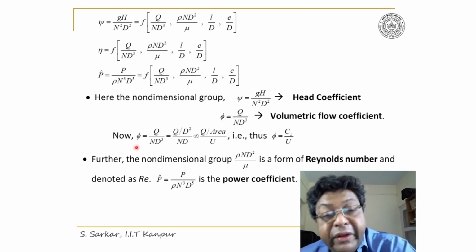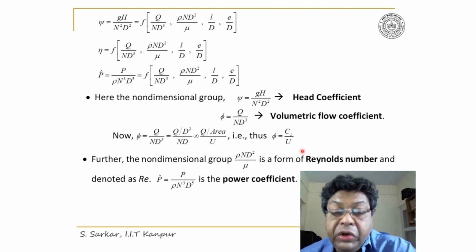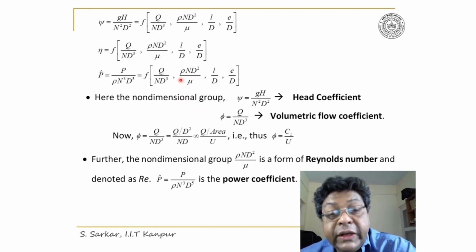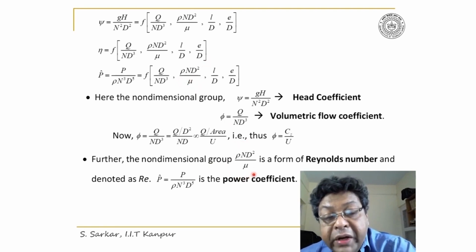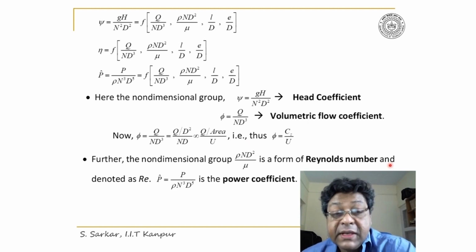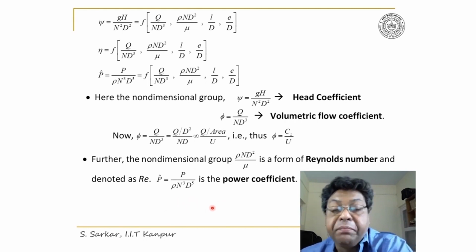You will appreciate that phi can also be expressed as Cz divided by U. Cz is the meridional flow through the machine, which is connected to the volume flow rate Q. Furthermore, what is rho N D squared by mu? Rho N D squared by mu is a form of Reynolds number. Similarly, P tilde, which is P by rho N cubed D to the power 5, is the power coefficient.